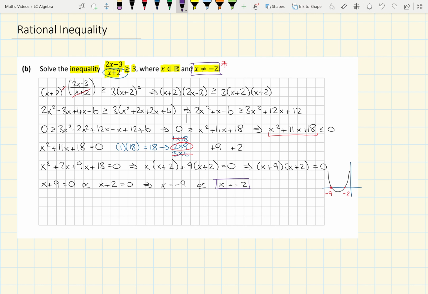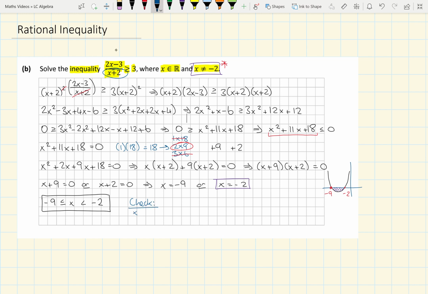So below or at the x-axis. Just double check our inequality. So we have minus 9, x and minus 2. So x can be greater than or equal to minus 9, and it has to be less than minus 2. And there's our solution. And then just to verify our answer, it's just a case of subbing back in.